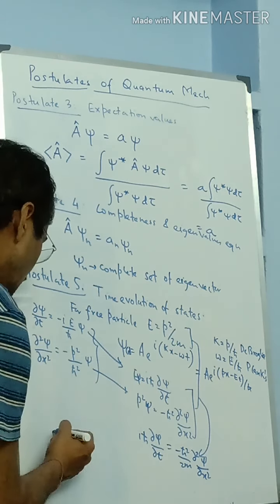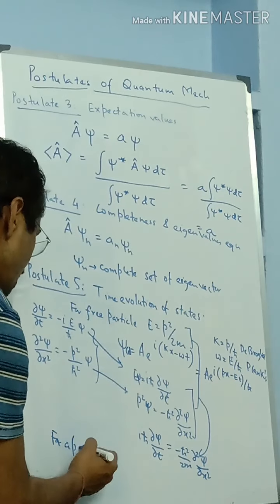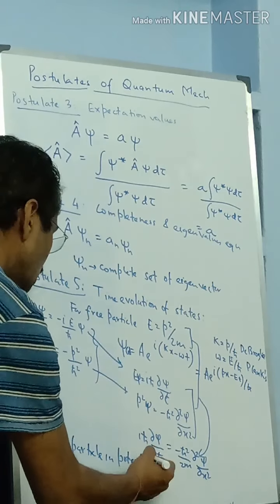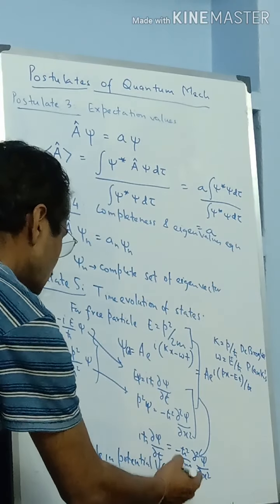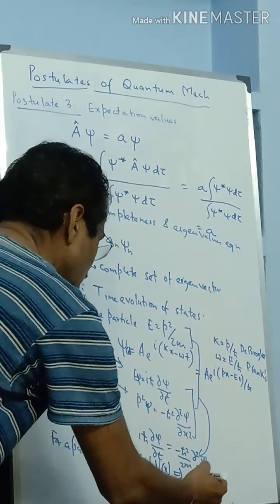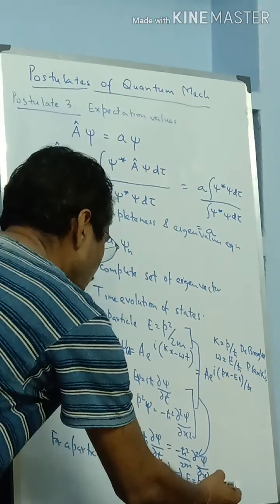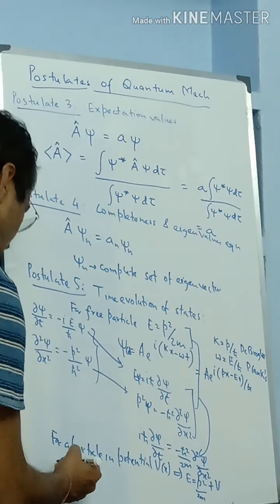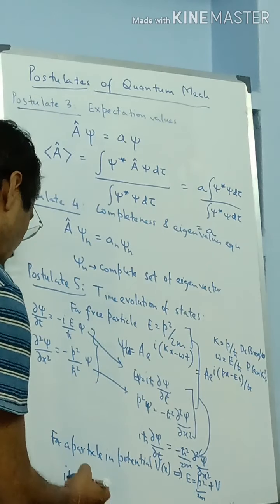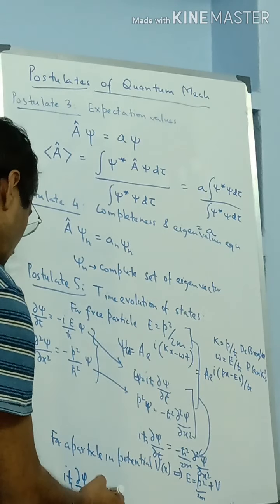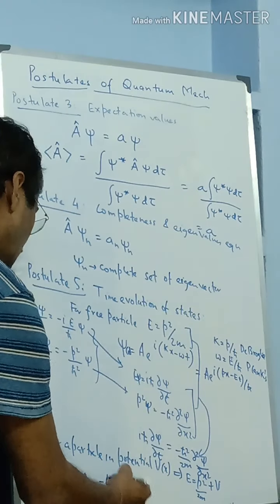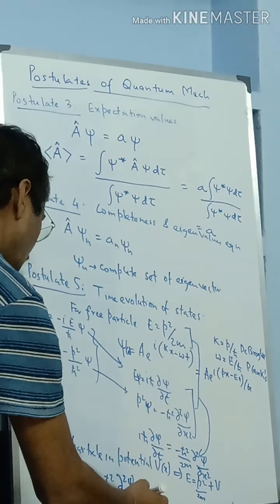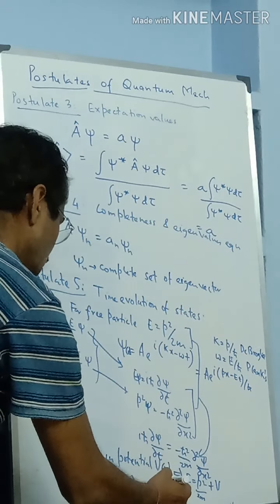And for a particle in a potential V(x), the corresponding energy is given by p square by 2m plus V. Then the corresponding wave equation becomes i h cross del psi del t is equal to minus h cross square by 2m del 2 psi del x square plus V psi.